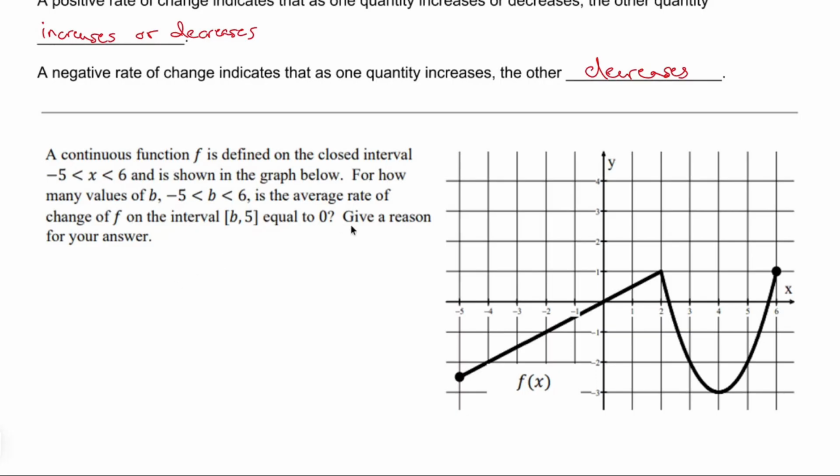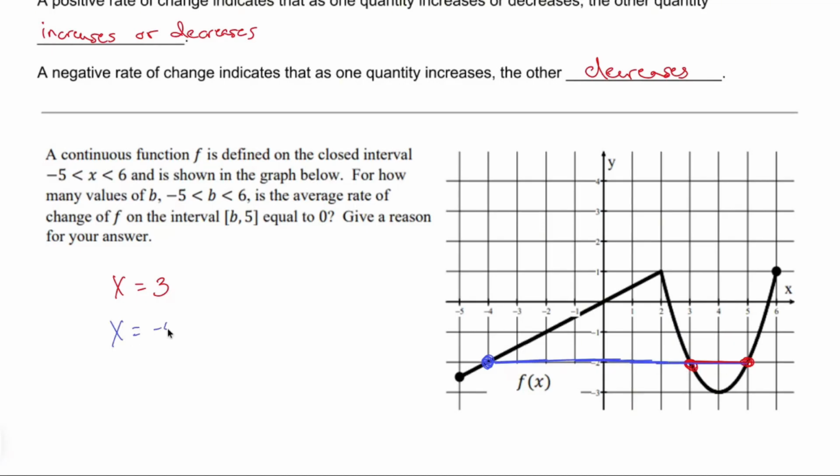If we're going from b to 5, right, so here's 5. An average rate of change being 0 is a flat horizontal line. So I could draw a flat horizontal line here. So that happens when x equals 3. Is that it? Nope. If I go all the way over here, I can create another flat line from -4 to 5.